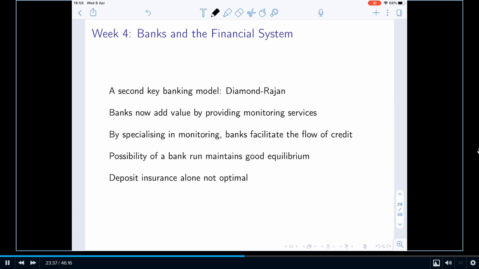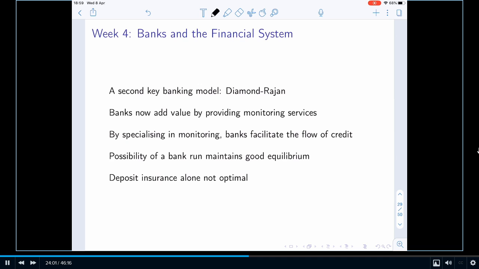In the Diamond-Dybvig model, it's strictly a bad thing. Here, the possibility of the bank run is a good thing because it's what disciplines the banker, which forces him to use his monitoring expertise in the interests of his depositors and therefore ensure a good flow of credit and thereby maintain a good equilibrium outcome.